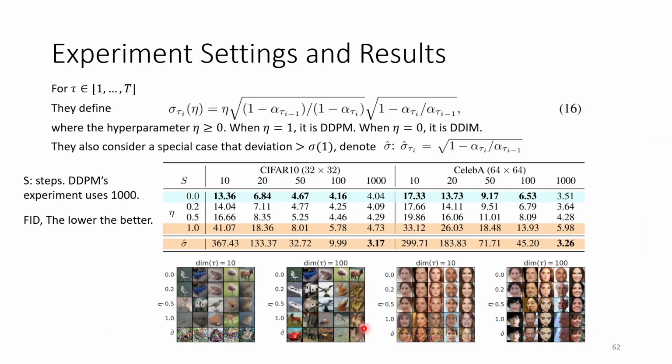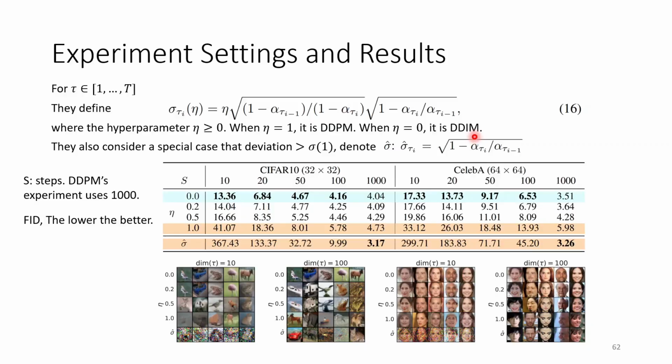This is the slide that I used last week to explain DDIM. In the DDIM experiment, they define sigma as eta times the two terms. If eta equals 1, it is DDPM. If eta equals 0, it is DDIM.